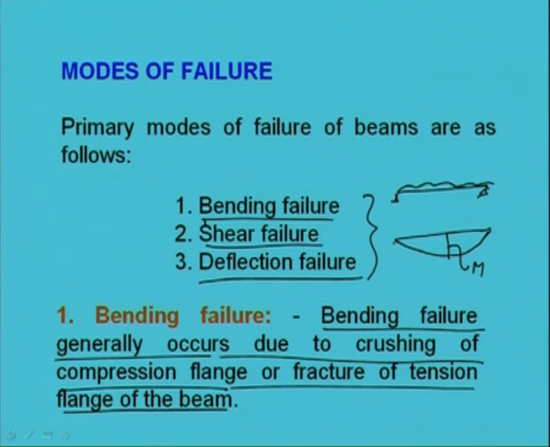Now if we see the failure in this beam member, and there are cracks here at the middle, then we can understand that it is failing due to bending. And if we see cracks near the support, diagonally, then we can assume that the failure is happening because the shear stress is exceeding the limiting values, right.